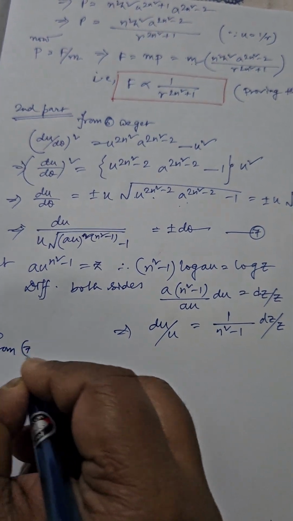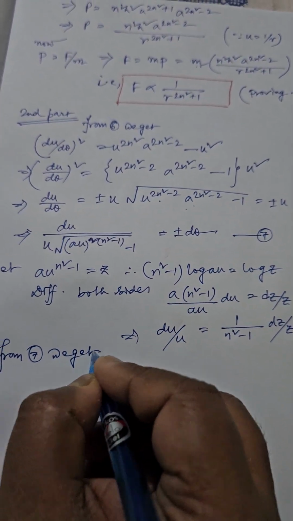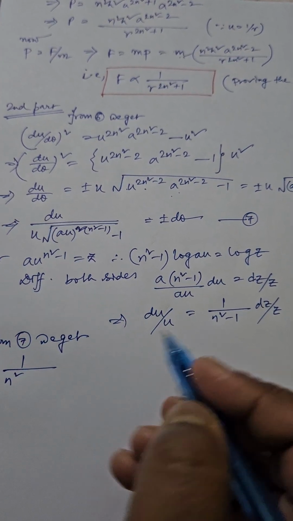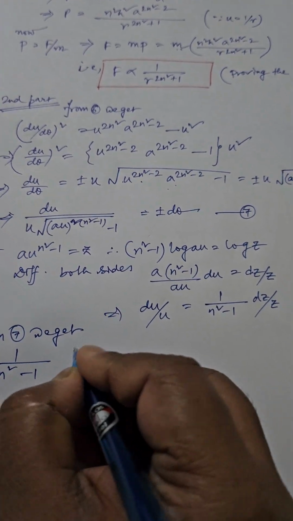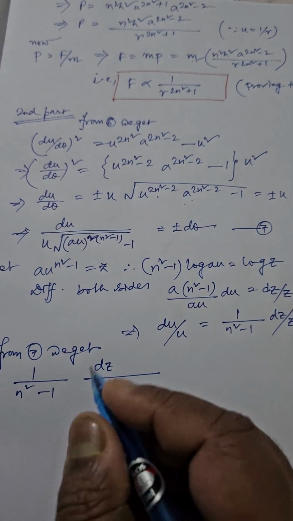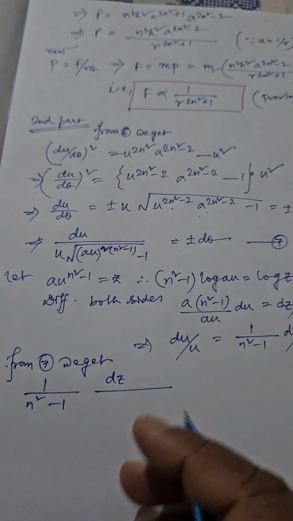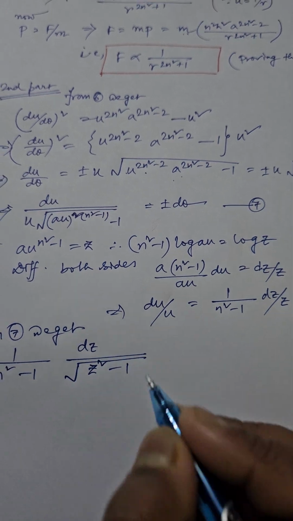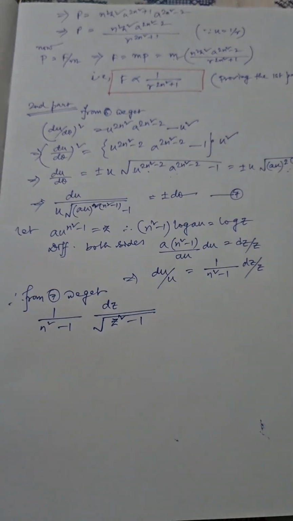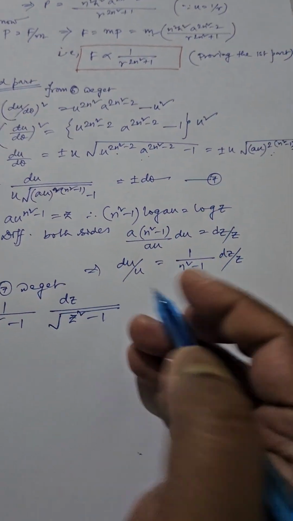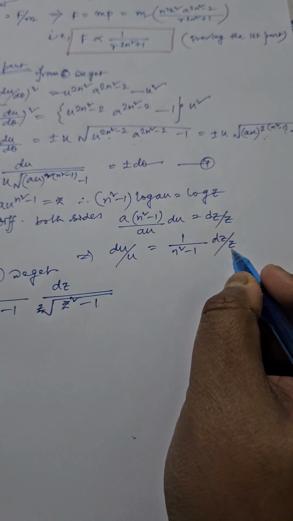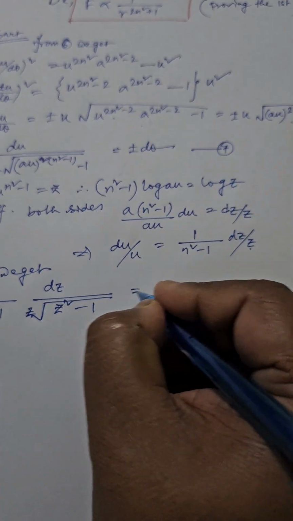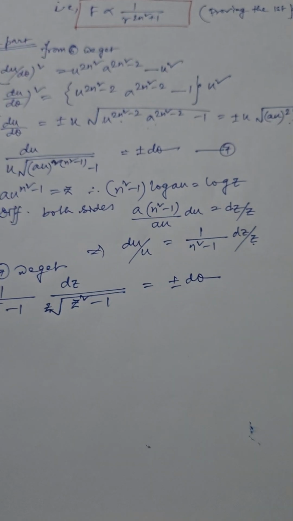So from 7 we get 1 by n square minus 1 dz. This portion is what? Z square minus 1. Now obviously you have one more z in front of this expression. On the right hand side you have plus minus d theta.